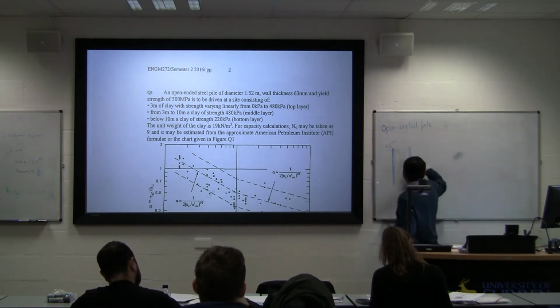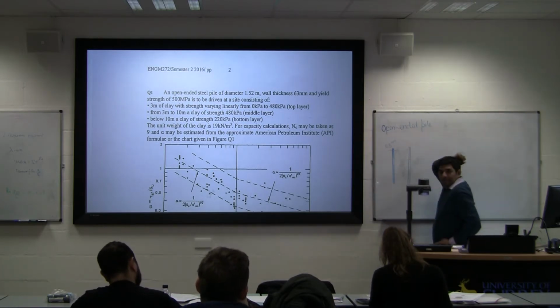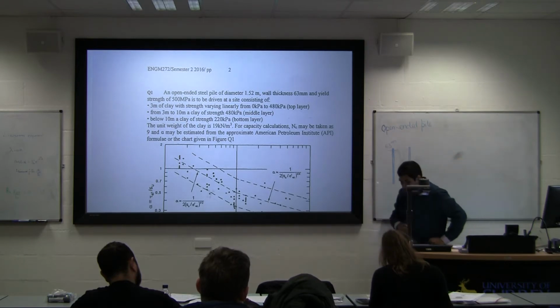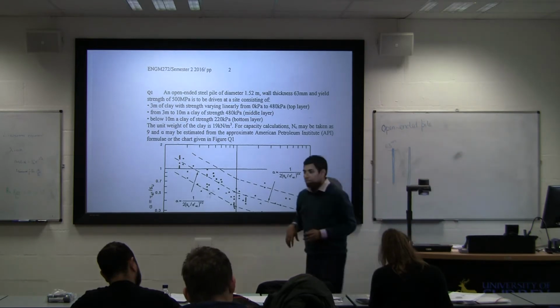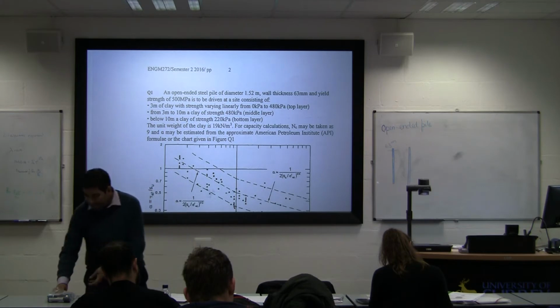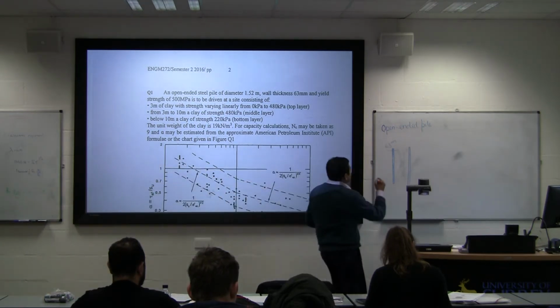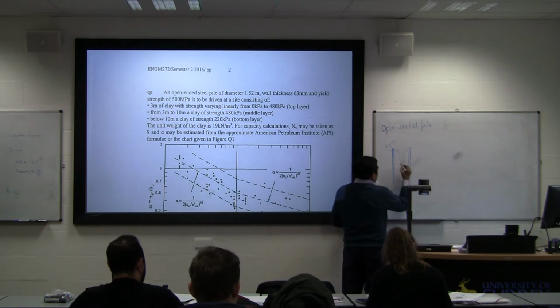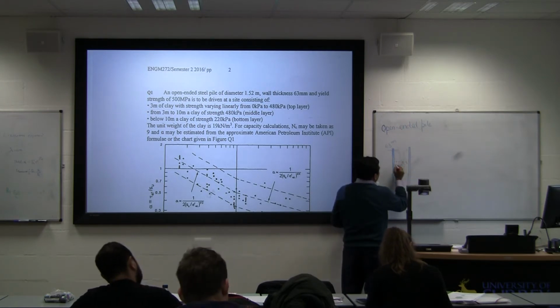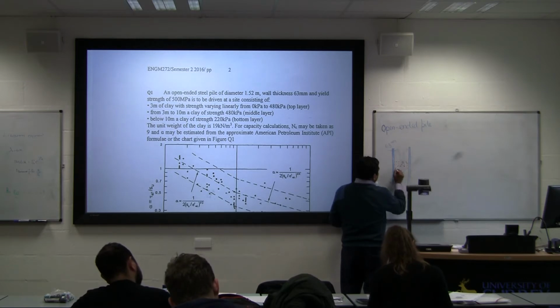One thing is that when you have the pile driven, you can have a case where it will drive so that you will have soil in the pile, right? So you can have soil within the pile, inside the pile.